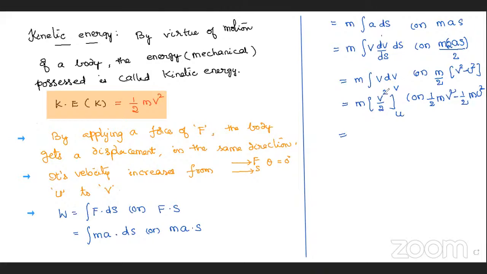Therefore, here also you are getting the same answer. First the upper limit, half m v square. Next the lower limit, half m into u square. There or here you are getting the same formula, which is nothing but change in kinetic energy, K2 minus K1.